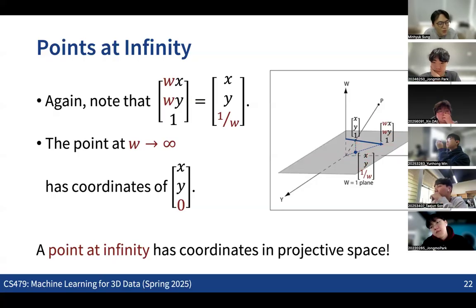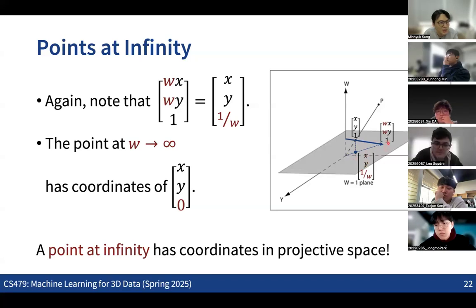As we go further and further, the corresponding point along this line is going down to the xy plane. Make sense? Clear?